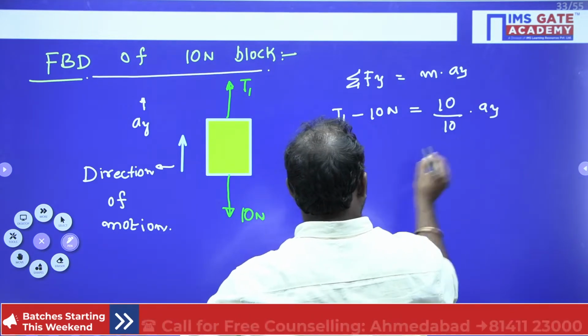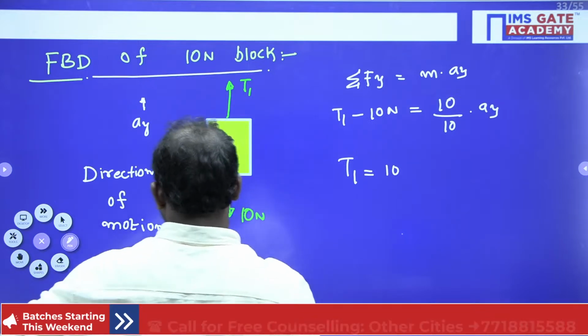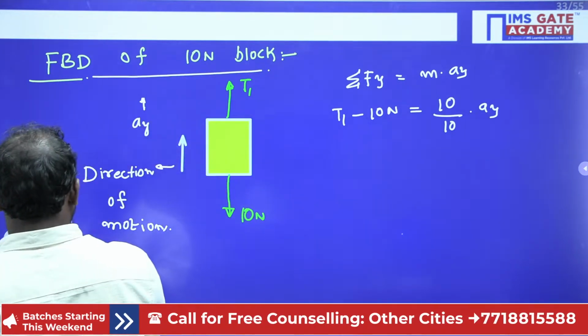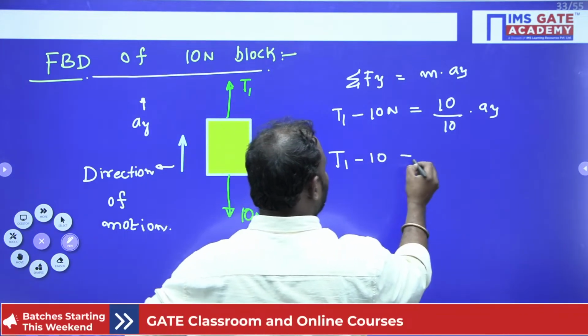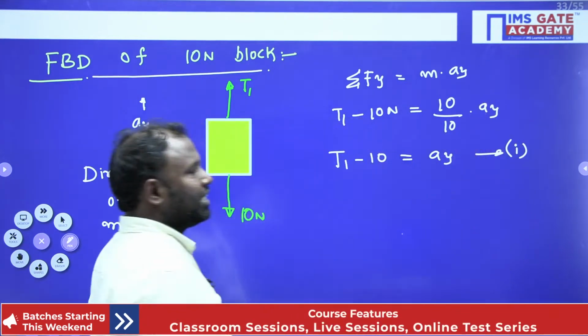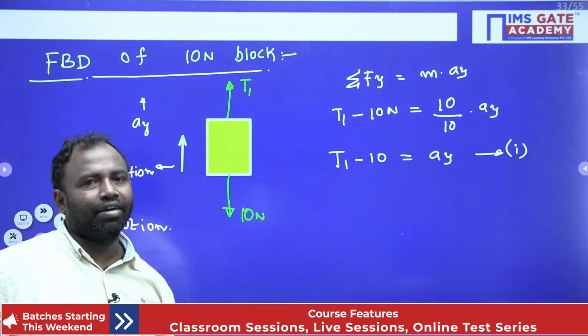So T1 minus 10 is equal to Ay. Say it is equation number 1. We got the equation in terms of Ay, isn't it, guys?